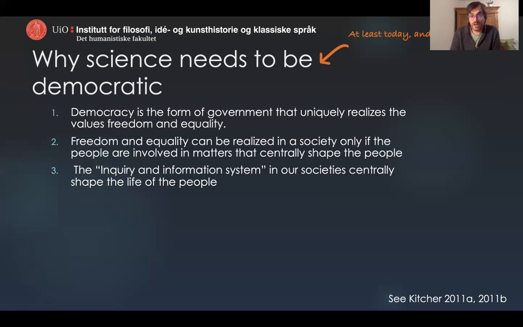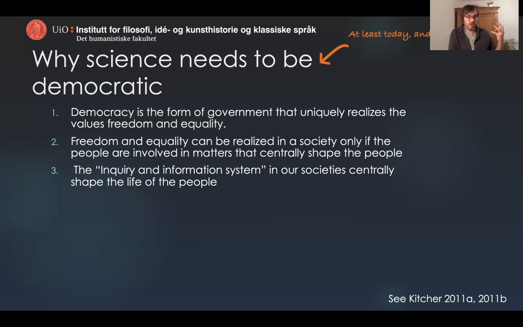But the inquiry and information system in our societies centrally shapes the lives of the people. What knowledge we have about climate change will affect us. What knowledge we have of the brain will affect us. What knowledge we have about engineering will affect us. Which tools are we going to use in the future?